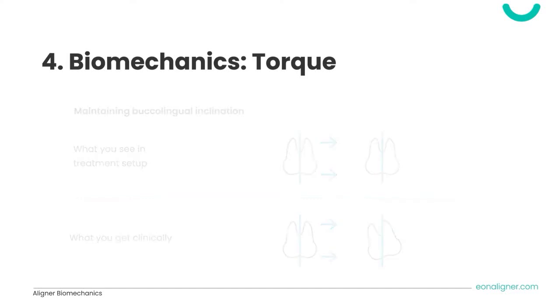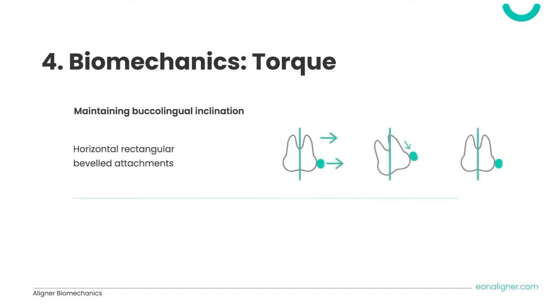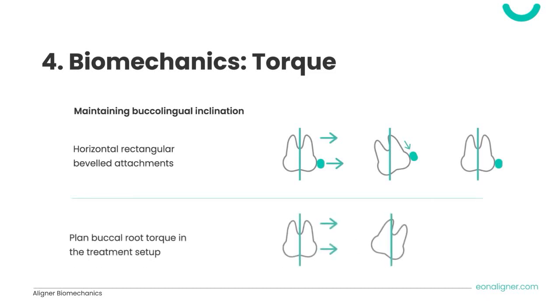To counteract what we've seen in the previous slide, plan the movement in a way that includes attachments as shown in the figure, so that every time the tooth tips or inclines buccally, the attachment will exert an extrusive force to correct its inclination. Another way to maintain the buccal-lingual inclination is to compensate for the anticipated movement. For example, expecting a buccal inclination in the setup and compensating for it by planning a lingual or palatal inclination.